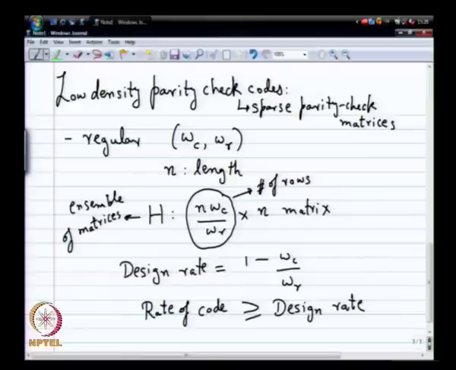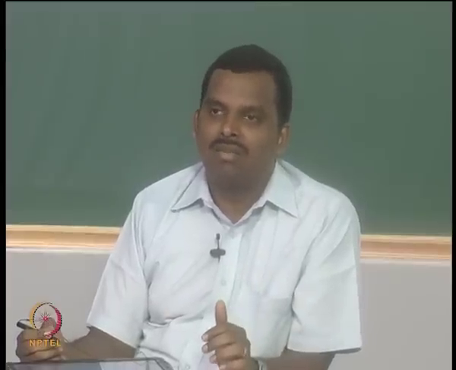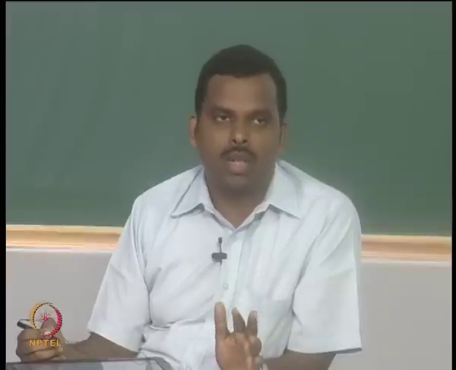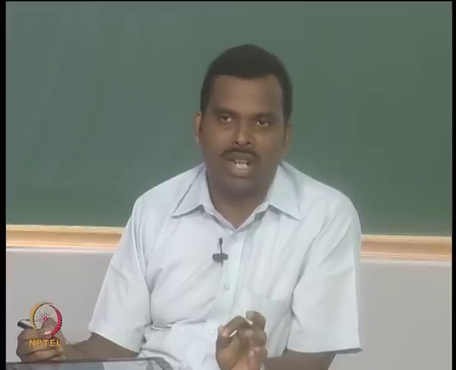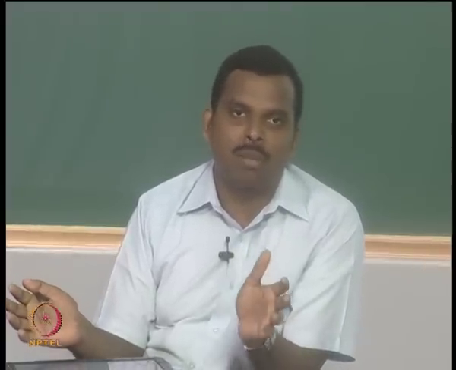But what will happen is, if your WC and WR are small, say for instance WC is 3 and WR is 6, and you construct a random matrix like that. In the Gallagher construction, you will see that there will be exactly 2 linearly dependent rows, nothing more than 2. You can see very easily in the construction, the way we construct, there will be at least 2 rows which are linearly dependent on the others.